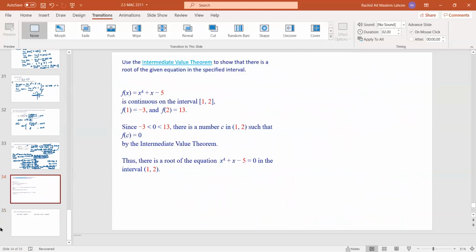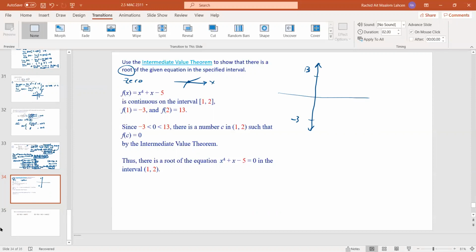This problem, I put it just to explain the intermediate value theorem, to show the root, which means also a 0 or an x-intercept. So this function is continuous on the interval [1, 2]. If f of 1 is negative 3 and f of 2 is 13, all right, just to give you some picture, negative 3, 13.